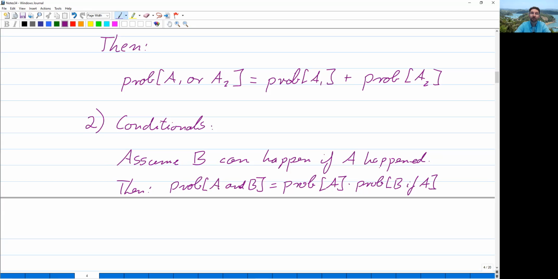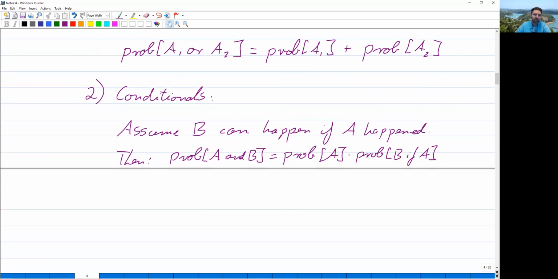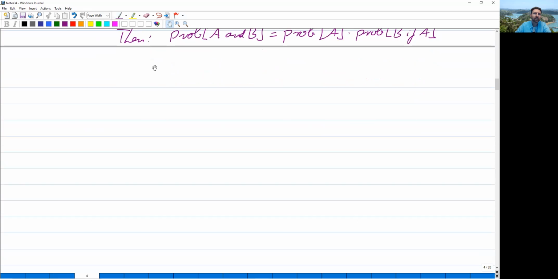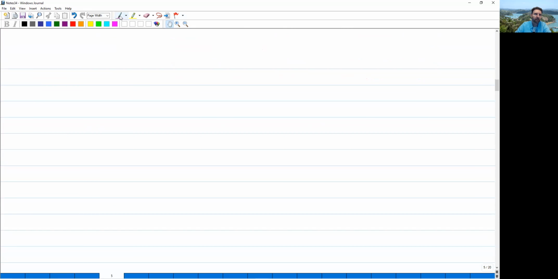Something else that's super similar to this, but crucially different. But first, let's see an example of these ordinary rules of ordinary probability theory in practice.